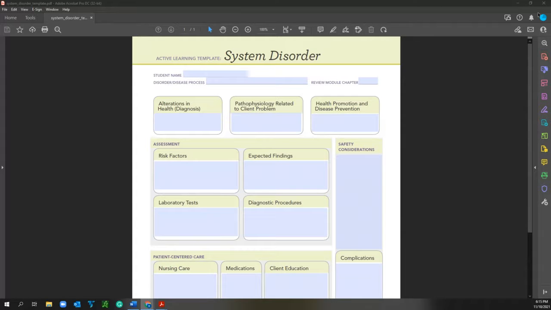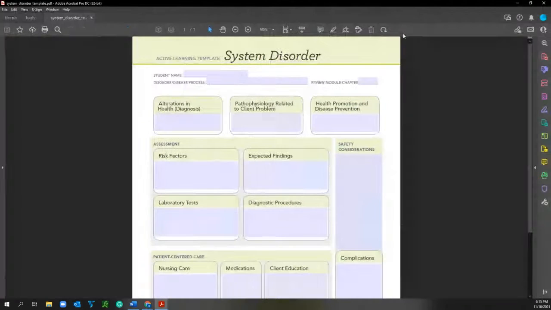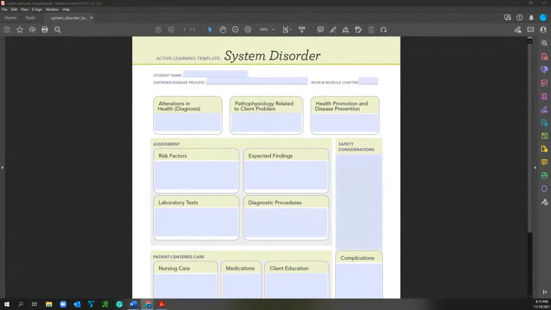Okay, so let's go to, and have this so I can see my notes. Hold on really quick, let me see if I can share it differently.